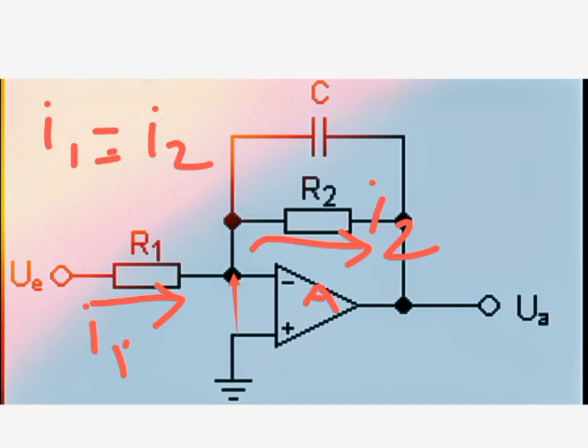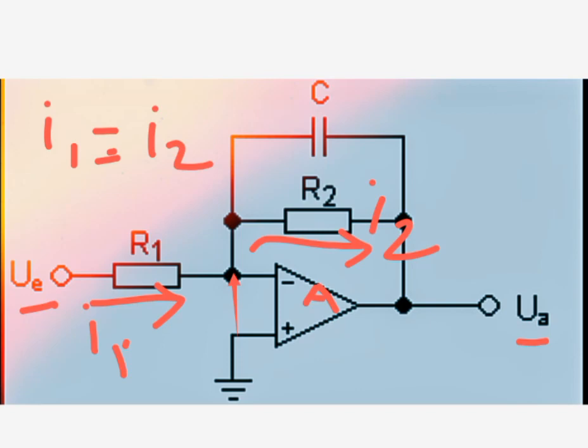Incoming current is equal to outgoing current because of Kirchhoff's current law. So I1 is VI minus 0 divided by R1, and I2 is 0 minus VO divided by R2.